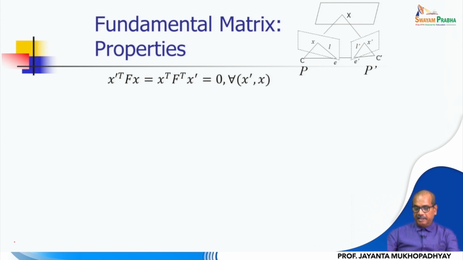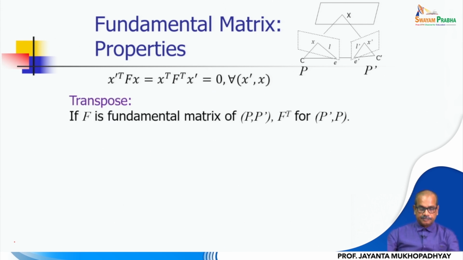The next thing is that if a fundamental matrix is defined for a camera pair P and P prime, where P and P prime are the projection matrices of the cameras, then one acts like a reference camera and the other is the secondary camera of the stereo system, as far as the coordinate convention goes.